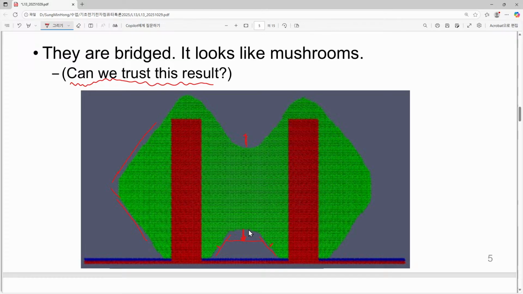But it means that we are omitting a very important factor in this selective epitaxial growth. That is, we need something to provide silicon.